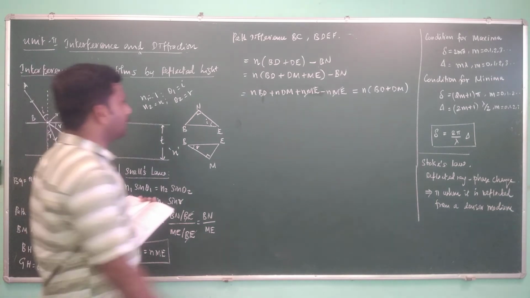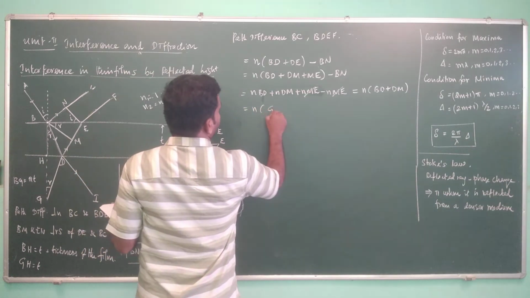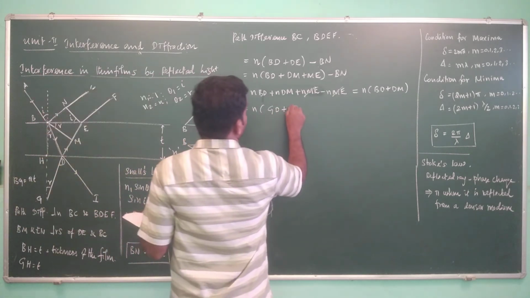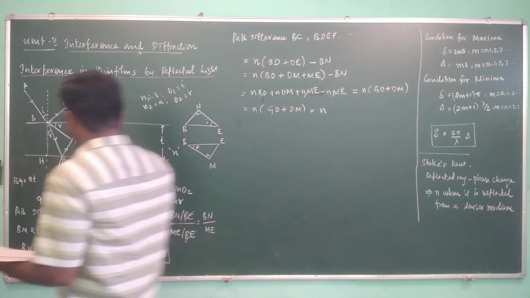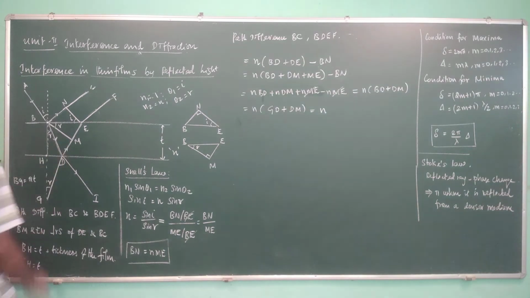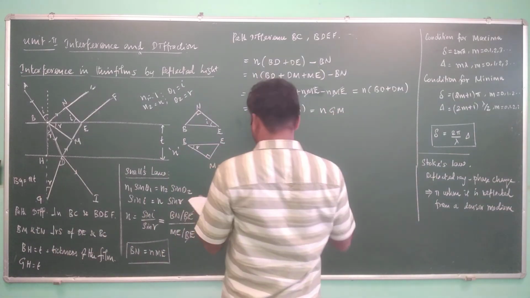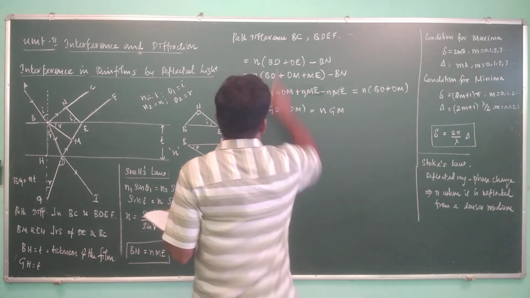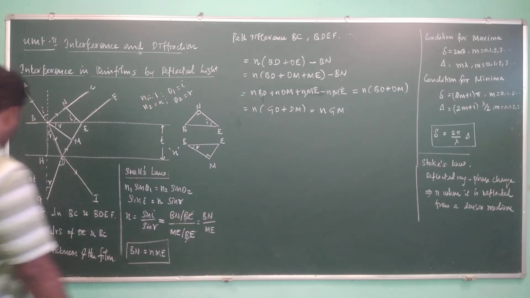So that we can write N times GD, this length, plus DM, or you can simply write N times GD plus DM, and GD plus DM is nothing but GM. So N times GM. Okay, N times GM. So this is the path difference between BC and BDEF.